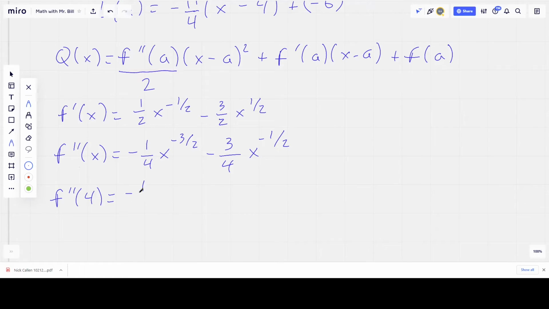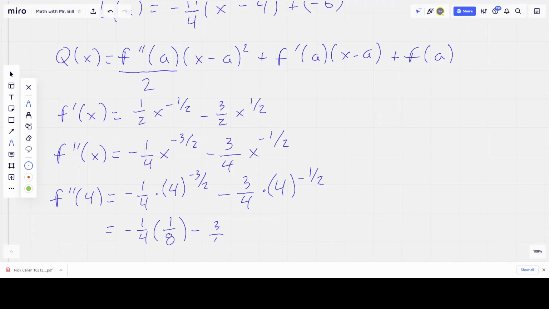That's going to be negative 1/4 times 4 raised to the negative 3/2, minus 3/4 times 4 raised to the negative 1/2. So let's start to clean this up a bit. That's negative 1/4 times, so 4 to the negative 3/2, that's the square root of 4, which is 2, raised to the negative 3, which is 1/8.